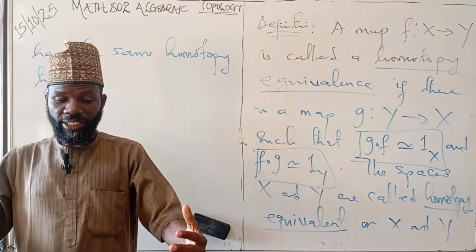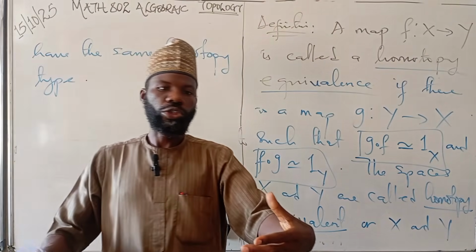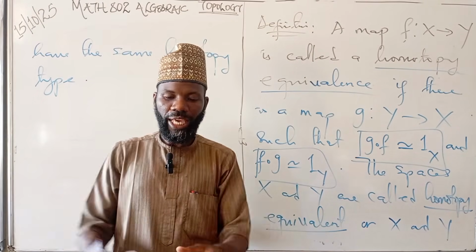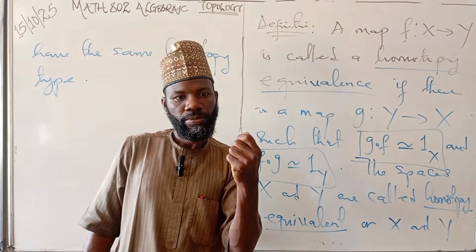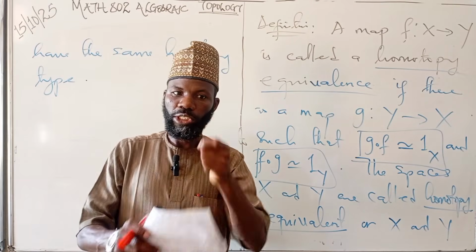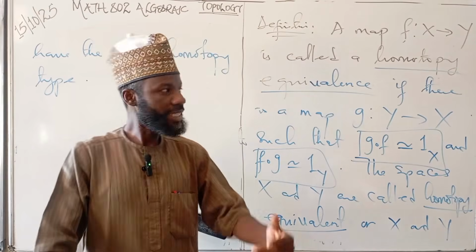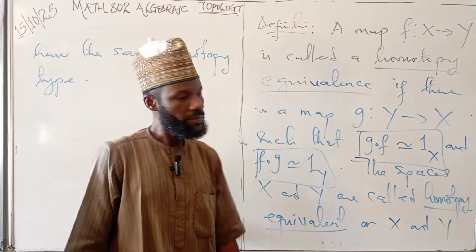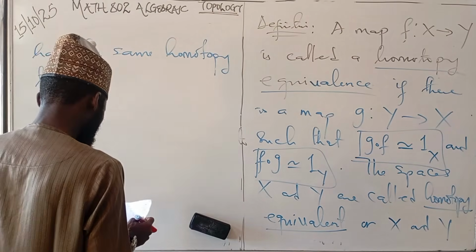Okay? In the sense that a disk is not homeomorphic to a point, but the two are homotopic. There is a homotopy equivalence between them. Okay, and maybe we would demonstrate that as an example.